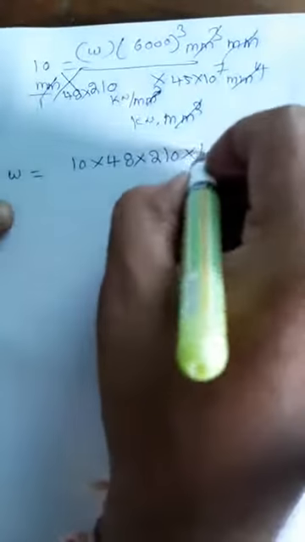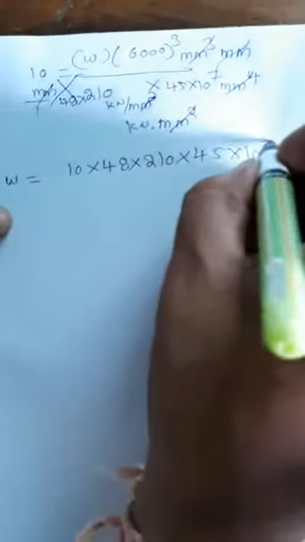So by cross multiplication, W equal to 10 into 48 into 210 into 45 into 10 to the power of 7 by 6000 cube.